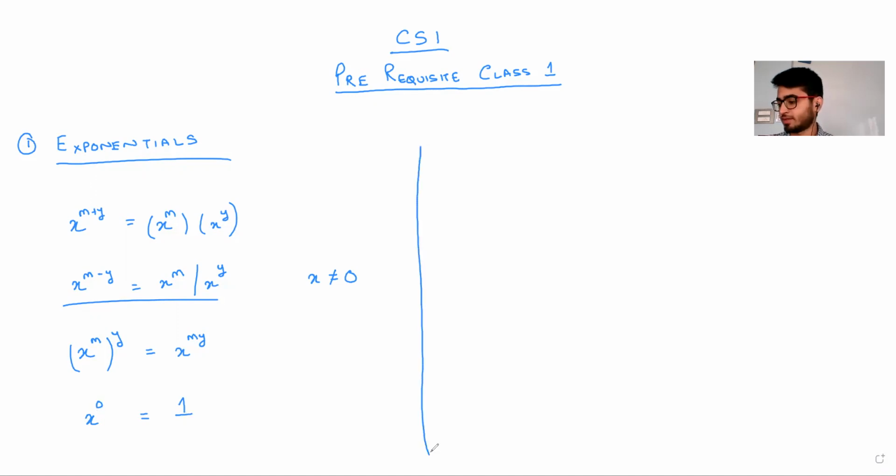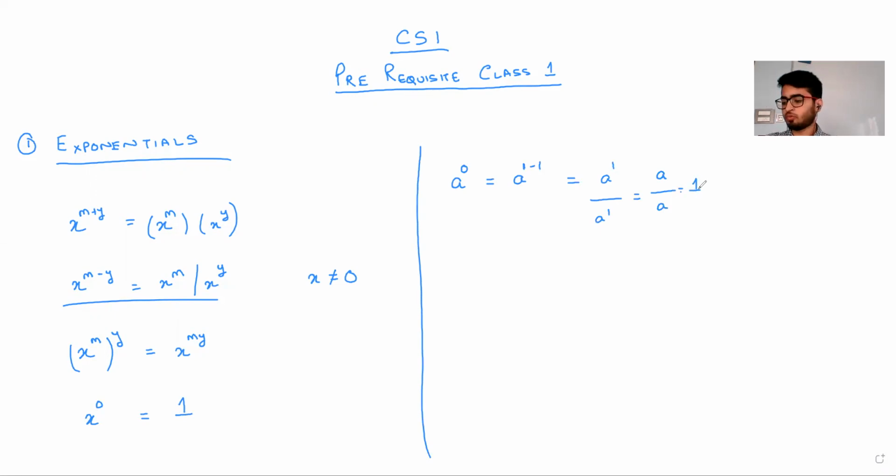So let's say, for example, I take any non-zero number a. a to the power 0 can be written as a to the power 1 minus 1. Using the quotient rule, this can be written as a to the power 1 by a to the power 1, which is nothing but a by a, which is nothing but 1.